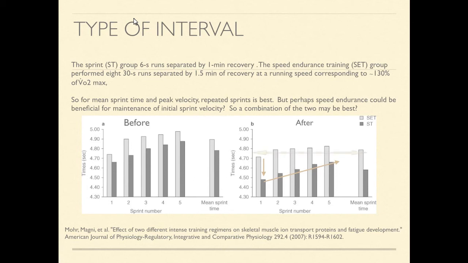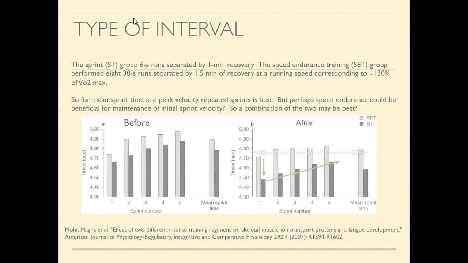But if you look from sprint 1 to 5, in the group that did 30-second sprints at 130% VO2 max, that was maintained. So what this says is that for mean sprint time and peak velocity, repeated sprints are probably best. But speed endurance, which is like the longer sprints, could be good for maintenance of initial sprint velocity. So again, you want a combination of both.